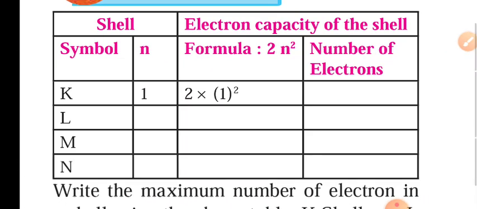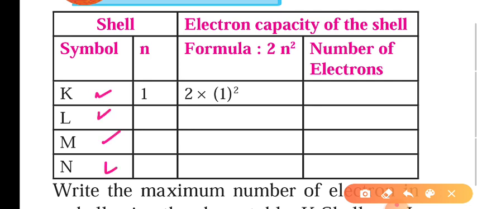You can see here the shells, with symbols K, L, M, N, and n equal to 1, 2, 3, 4. The formula for the electron capacity is 2n². For the second shell we have 2 into the square of 2. Square of 2 is 4, and 4 twos are 8.